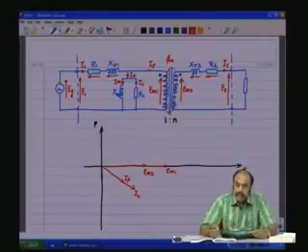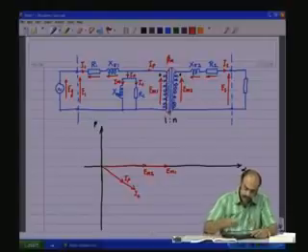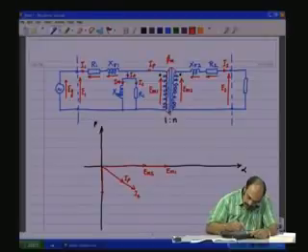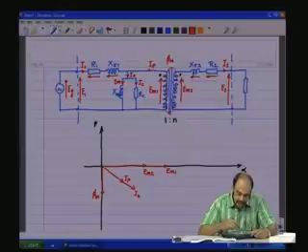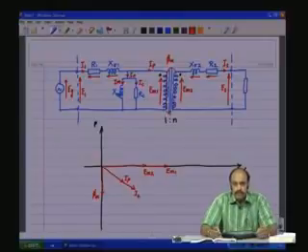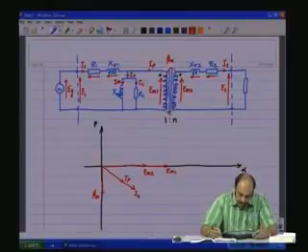They both will be in phase, and the flux phi m is going to be 90 degrees lagging the induced voltages, because induced voltage is equal to n d phi by dt. We have seen that before from Faraday's law of electromagnetism.